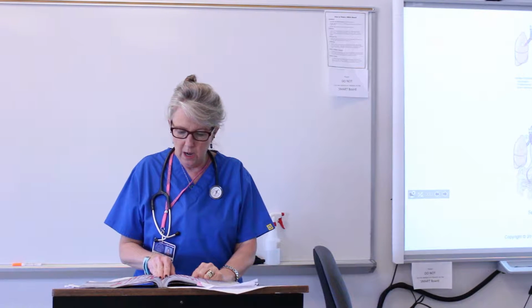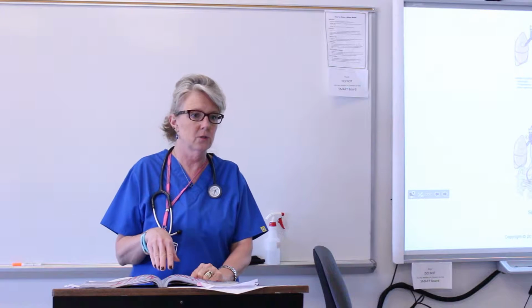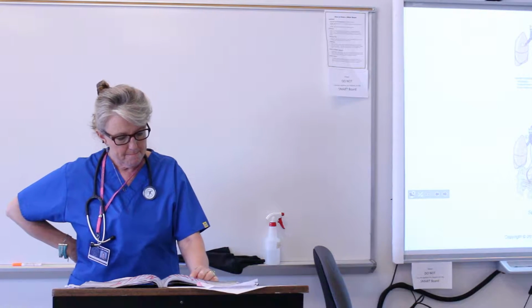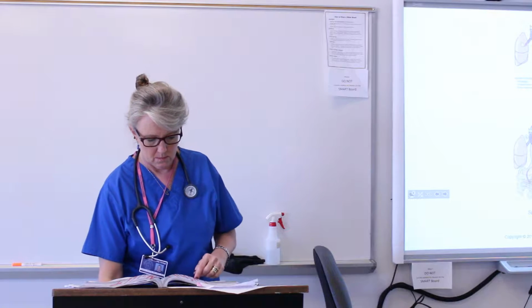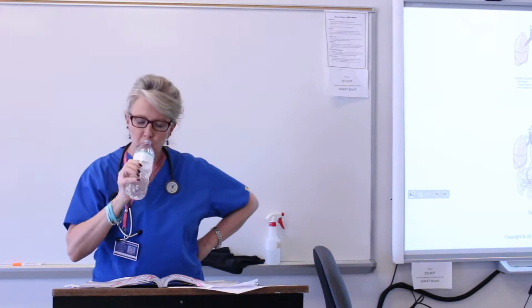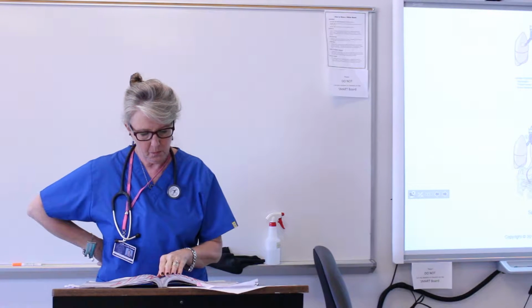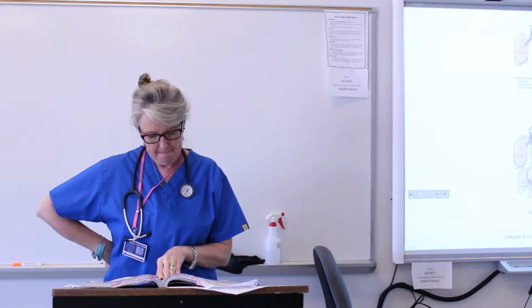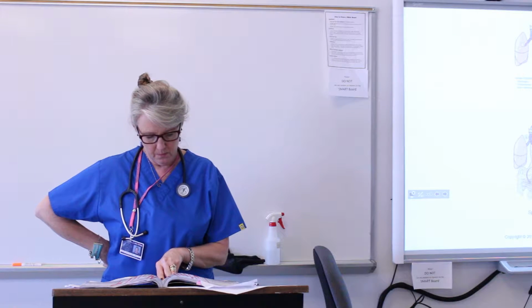Most new TB cases are associated with the following risk factors. Malnourished individuals, people in institutional housing, nursing homes, prisons, homeless shelters, people living in overcrowded conditions, immunosuppressed patients, organ transplant patients, cancer patients, human immunodeficiency virus, HIV-infected patients. TB is a leading cause of death in HIV patients, and alcohol abuse.